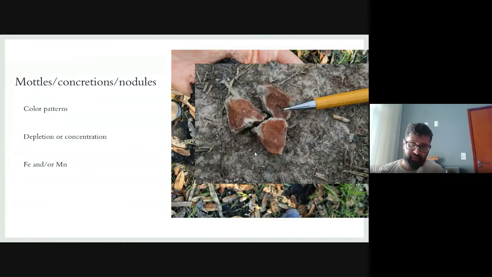But we can see some horizons that present this kind of color pattern that possess a gray color and at the same time a red color, red or yellow or even orange or red on yellow color at the same time. Okay, in these cases we have these mottles, concretions, or nodules, depending on the material that we can see in the horizon or the layer.